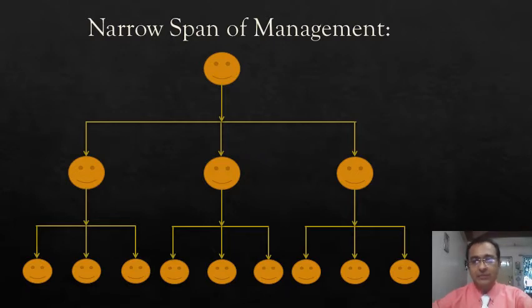Why does it become narrow? The reason is that now in this span of management, the total number of employees which a manager is managing is very less.